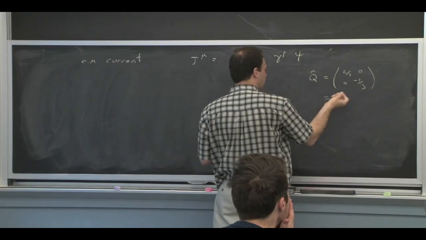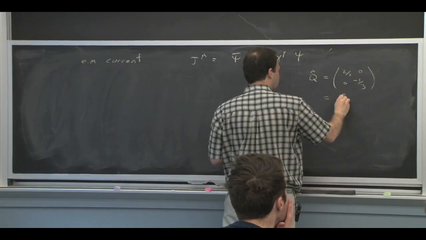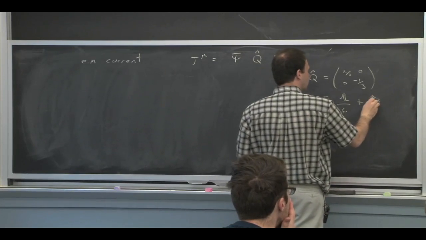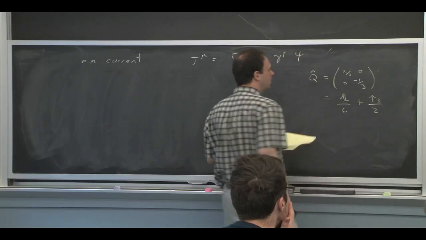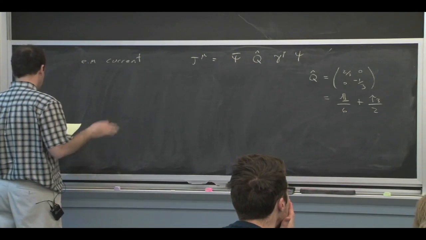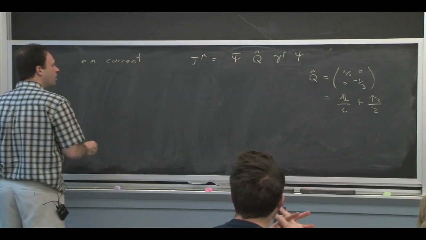Or if you wanted to write it in terms of Pauli matrices, you could write it as identity over 6 plus tau 3, the isospin Pauli matrix, over 2. Okay, so there's some charge matrix that's going to show up.